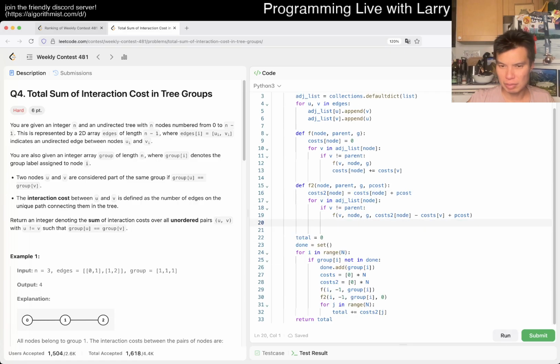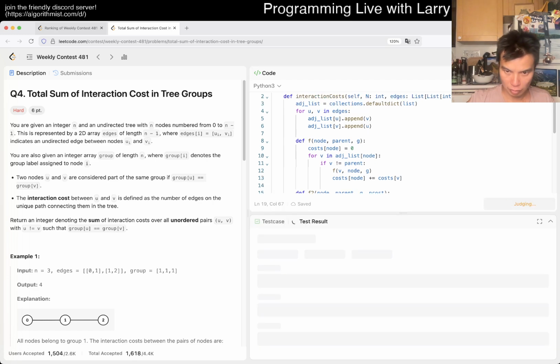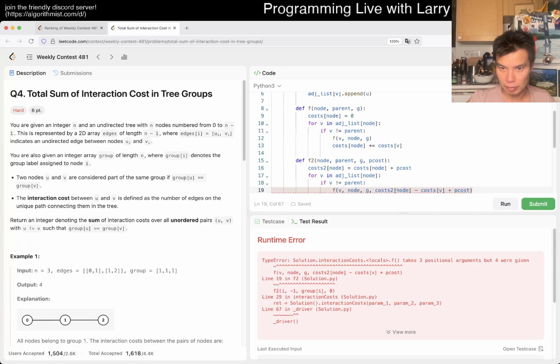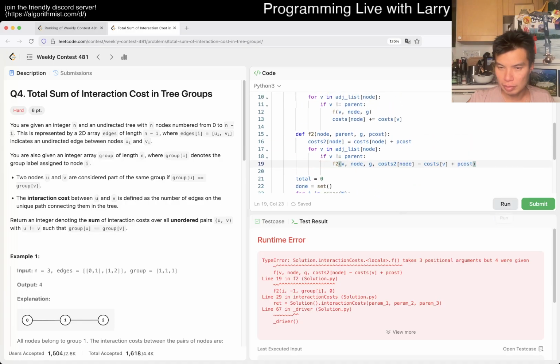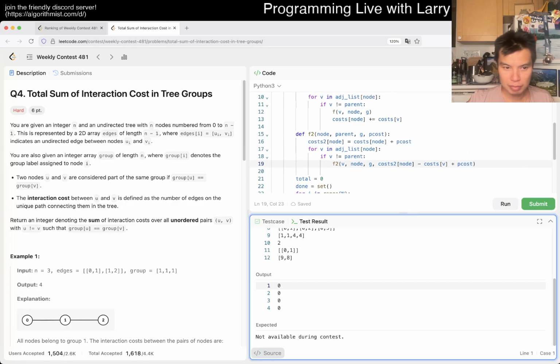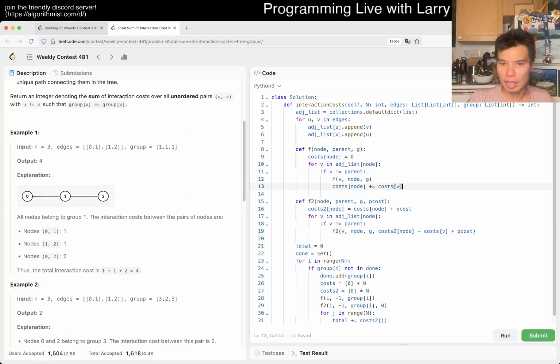I think maybe that's roughly right. Oh, F2. Alright, well, that's going well. No, it's because I forgot to do, is this plus 1?